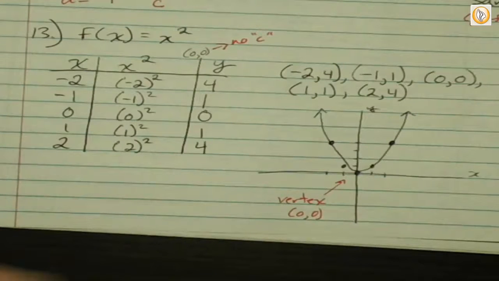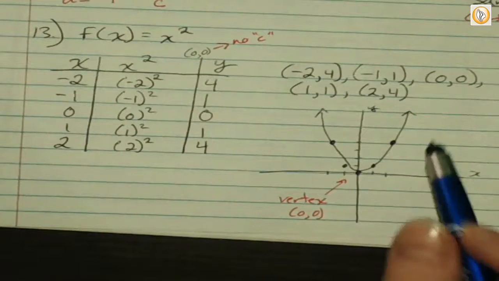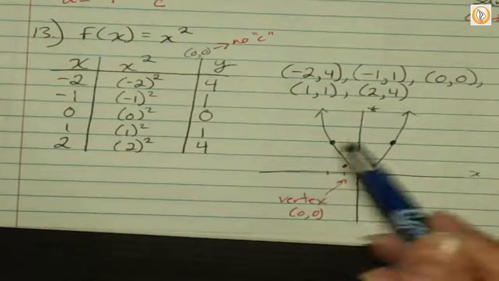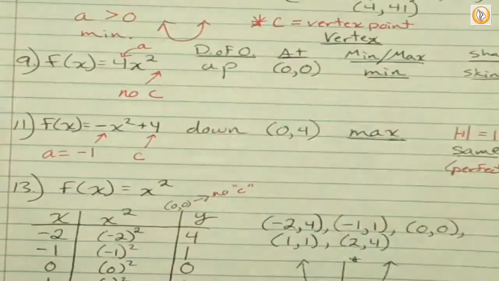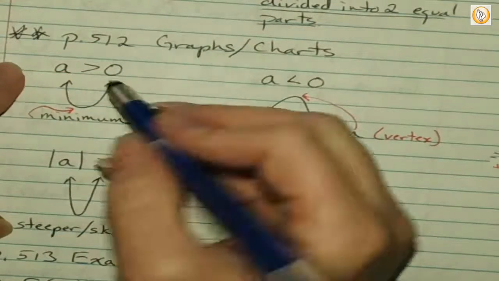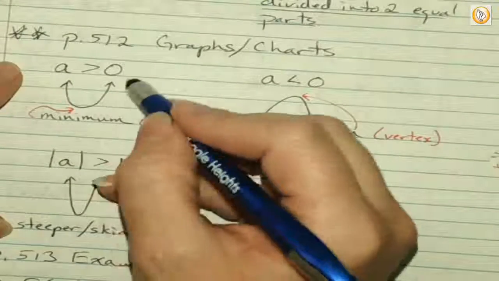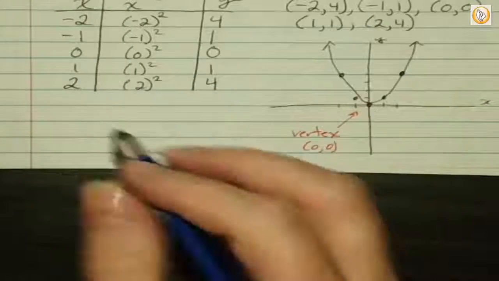So we don't have to do that, like, for the chart up there? Nope. For this? No, like, how do you know it's up or down? Okay. That's the only part I'm confused on. If the A is greater than 0, it's going up. Does that help? That's why that's the only part that you have to look back at. When you start graphing, you don't need to do that.